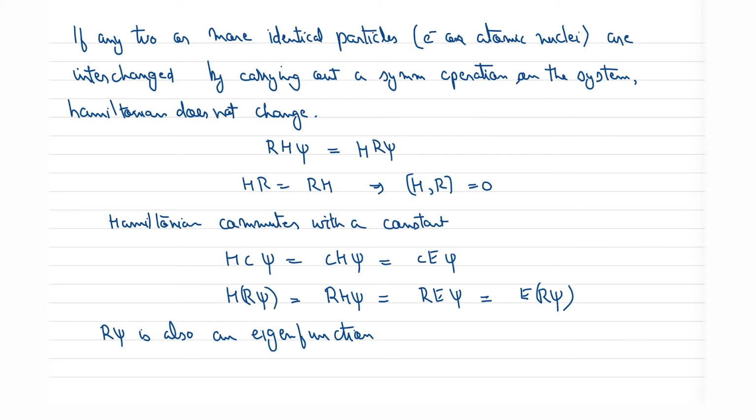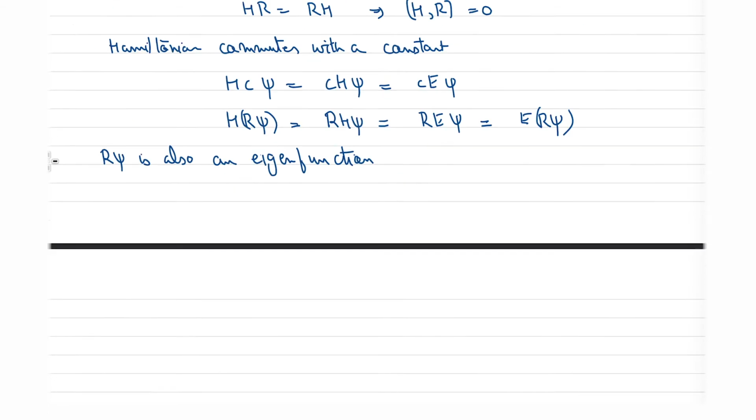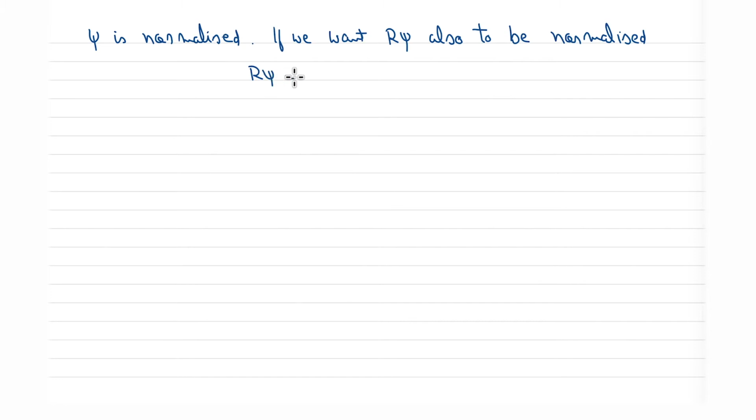Now we also know that psi is normalized. So now if we want R psi also to be normalized, what condition we will have? So we will have R psi should be equal to plus minus 1 psi, right?